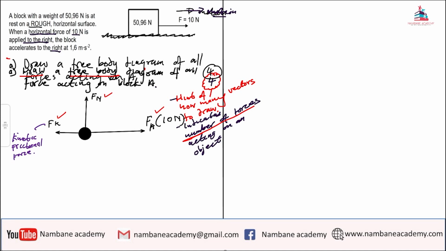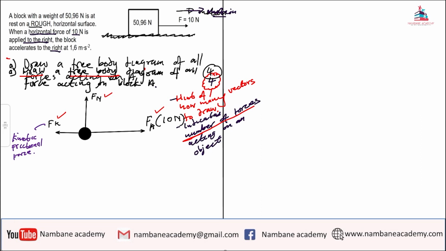You are right, and thank you for bringing that up, because it is the mistake that the majority of our learners will make. The fact that we said it is going to be 4 forces, they want to force any force that is coming to mind to become part of the free body diagram. So for us, the people of the academy, we are aware that when it comes to friction, I have two types, static as well as kinetic.